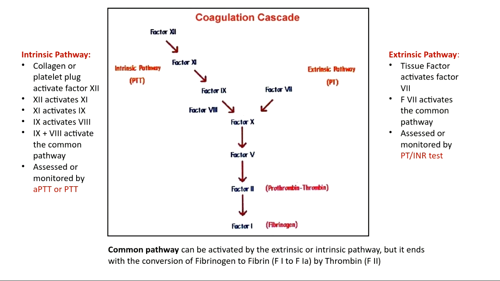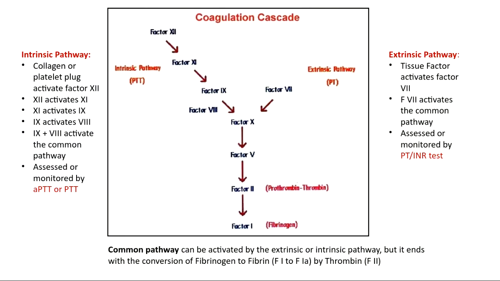Factor 9 needs a sidekick. It needs help, and that is factor 8. So factor 9 and factor 8, when they are activated together, will activate factor 10. Factor 10 is in the middle. Factor 10 is the beginning of the common pathway.